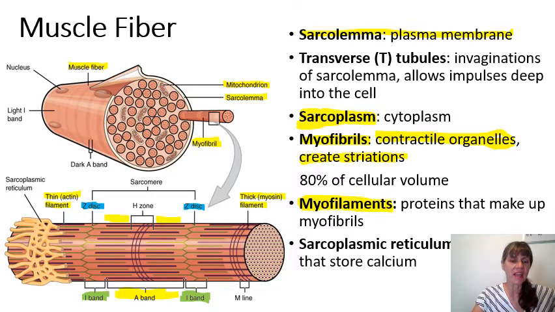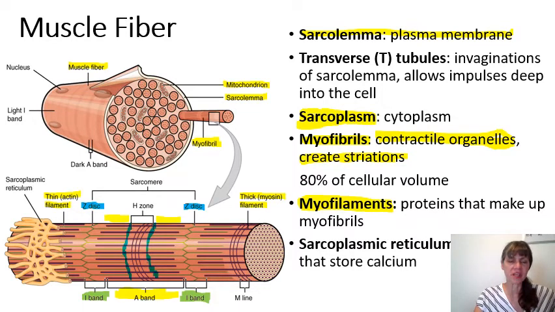In the dark A band, there is yet another area that is formed called the H zone. You'll notice that actin does not exist in the H zone. There's only the dark, thick myosin in the H zone.